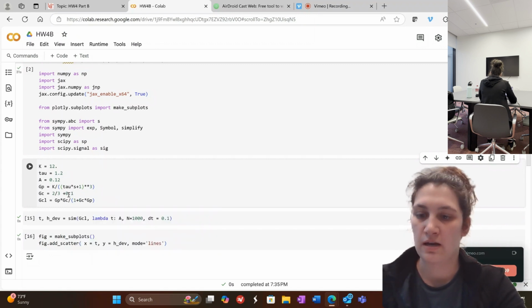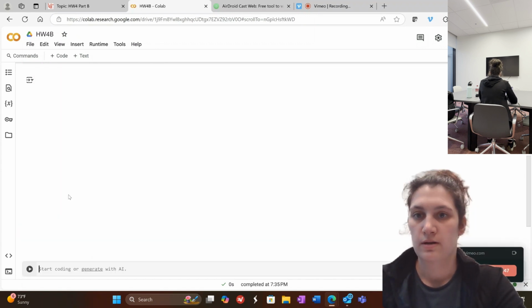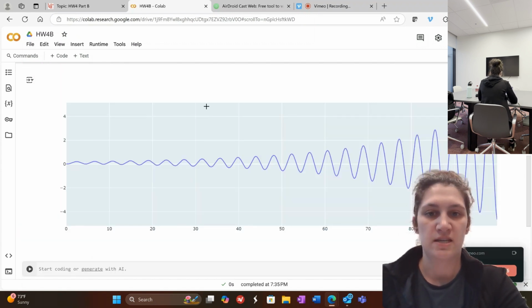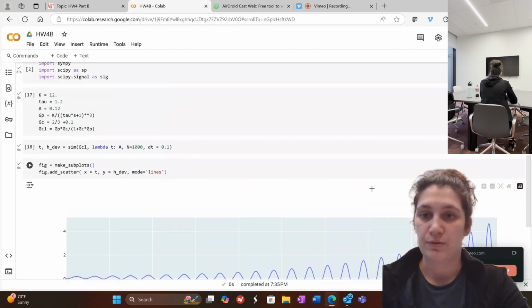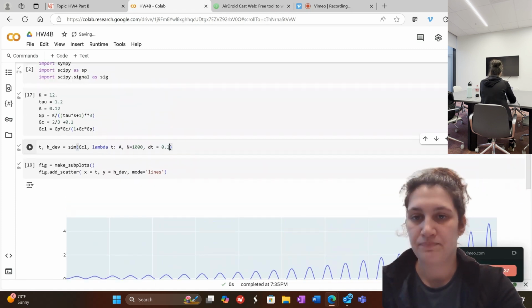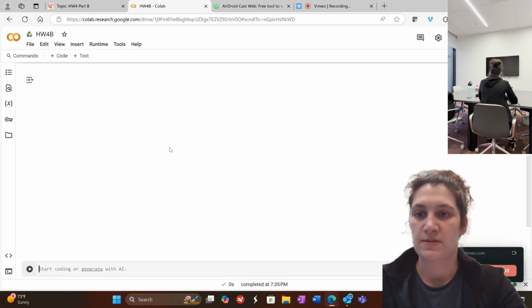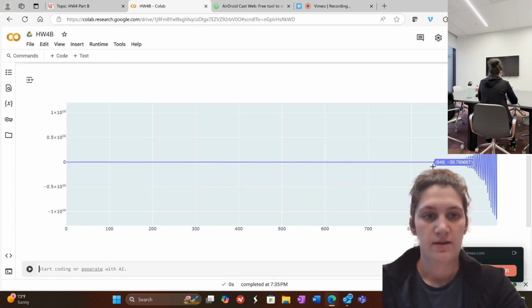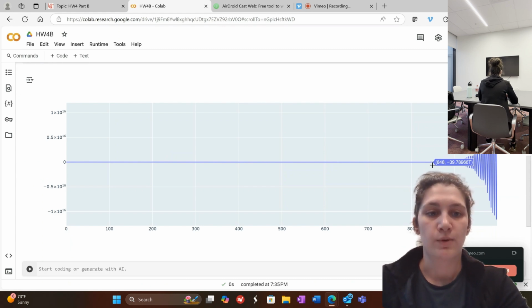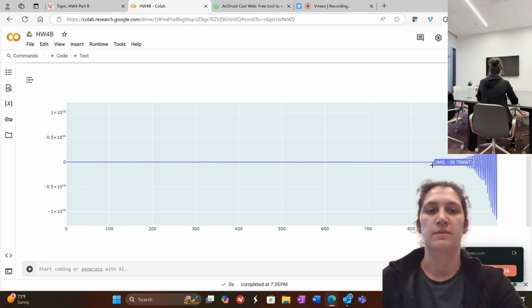And if we just add 0.1, we can see that those oscillations start out pretty flat and start growing bigger and bigger. But if we really want to get a look at it, we can change our step size to 1. And this makes it very obvious. And what we can tell from this is that if we let this simulation run to infinite time, this would become unstable.